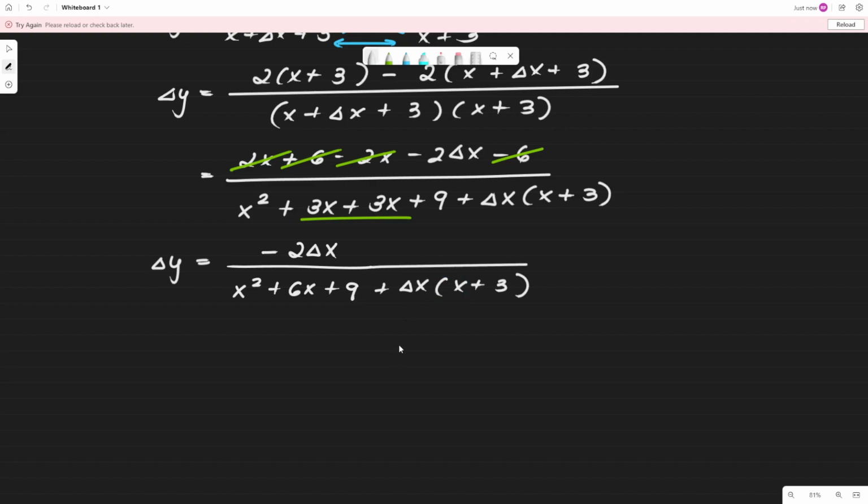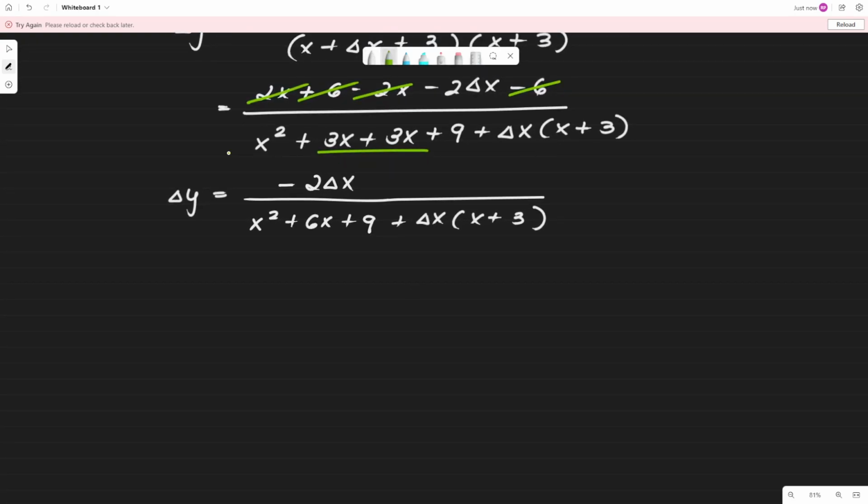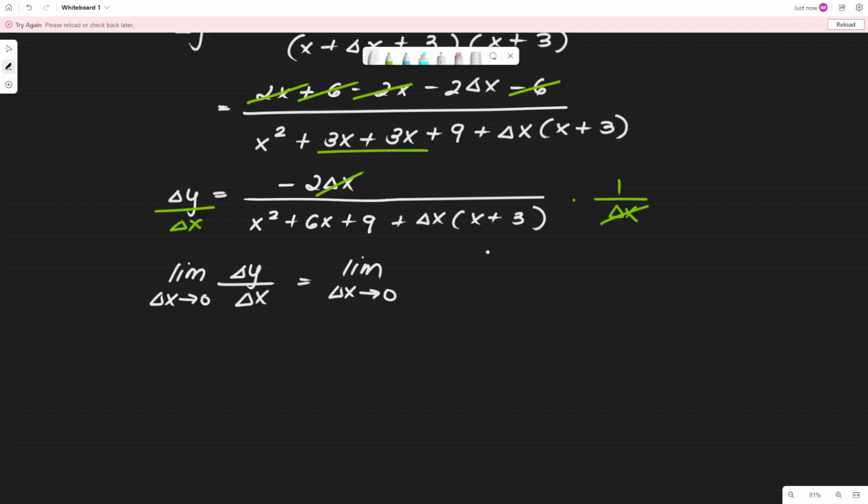So, dugtong ko lang. Okay. So, let's divide both sides by delta x. So, since fraction to, mag-multiply na lang ako ng 1 over delta x. So, makakancel yung delta x sa numerator. Then, last step, let us apply the limit of the function as delta x approaches 0. So, ganun din dito sa kabila. Kaya sabi ko nga guys, na huwag kayo magmamadali, no?